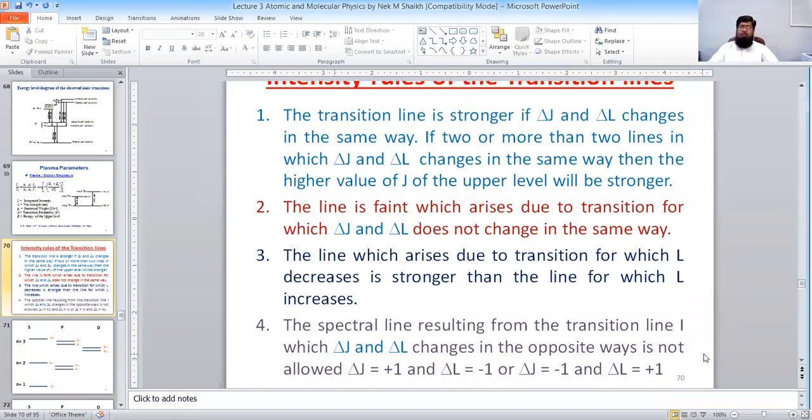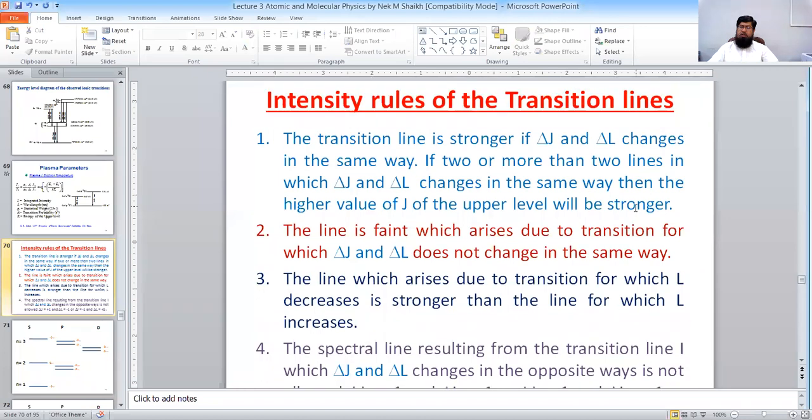These are the four rules which we call the intensity rules.